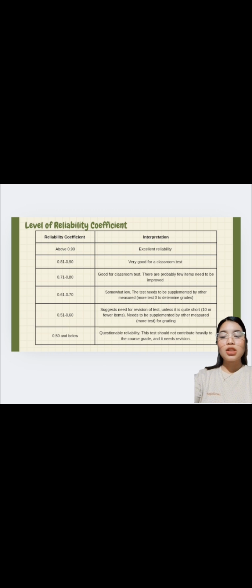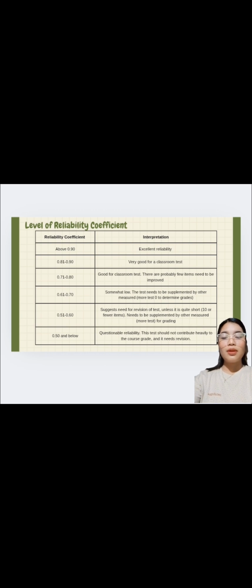0.61 to 0.70, somewhat low. The test needs to be supplemented by other measures or more tests to determine grades. 0.51 to 0.60, suggests need for revision of the test, unless it is quite short, ten or fewer items.